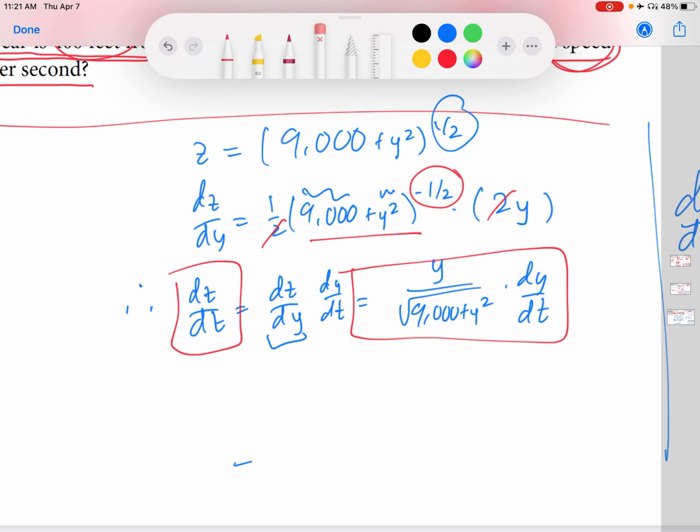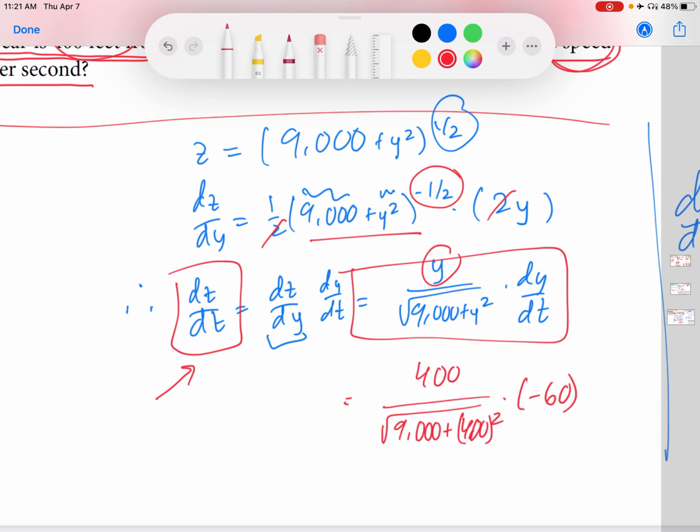That's the related rates problem. And now we go back and we just put in all the information that we have. So we were asked to find dz dt when y was equal to 400. So I'm going to put 400 over there. Also going to put a 400 down here. And then also remember we had said dy dt was negative 60, negative again because the distance y was decreasing. So put negative 60 here.